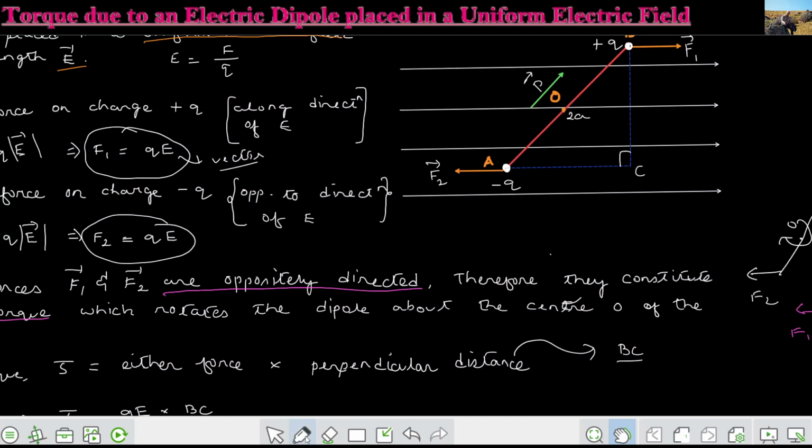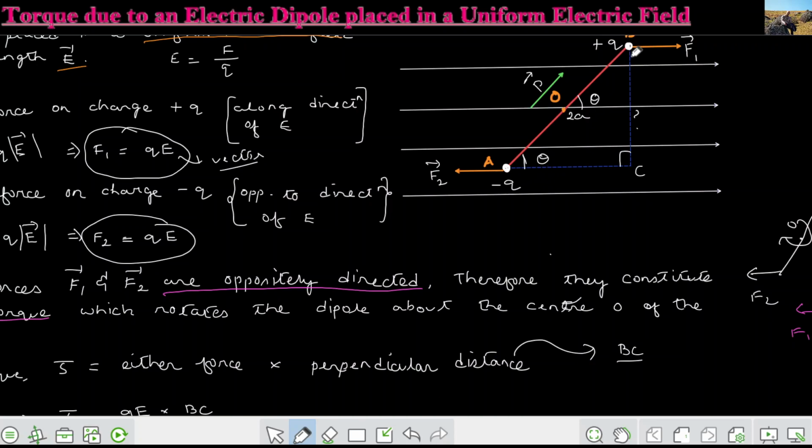From here, let me make another assumption. Let the angle that the direction of the dipole moment p makes with the field be theta. So if this is theta, then this angle also will be equal to theta. From this right angle triangle, if you want to find this length BC, you have to use sine of the angle.